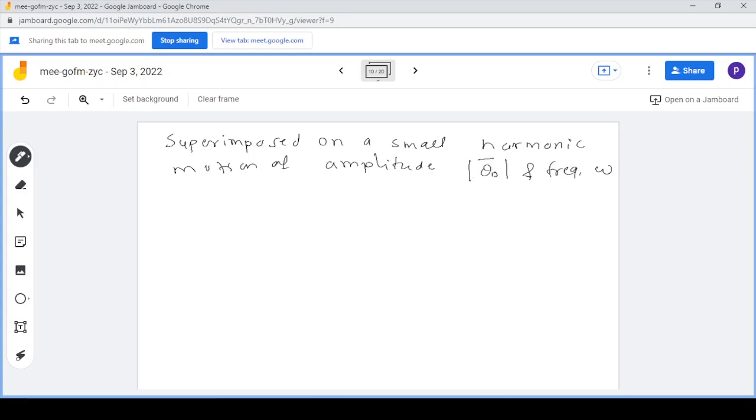Okay, so from this we can write the expression: theta is equal to n0 t plus theta 0 mod into e raised to j omega t. This is the first expression we get.